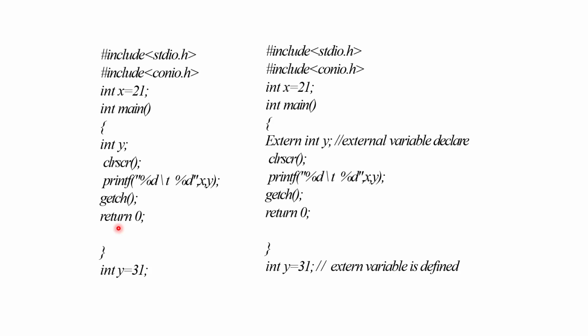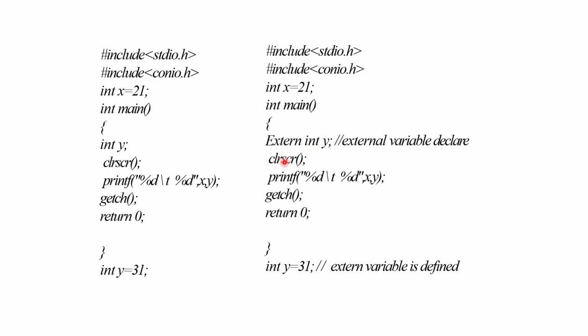Okay, yes. You see, after declaring this y, you have not used it, and this y is a normal integer. I mean, normal storage class, because the y in the left program is in the automatic storage class, but the y in the right program is in the external storage class.